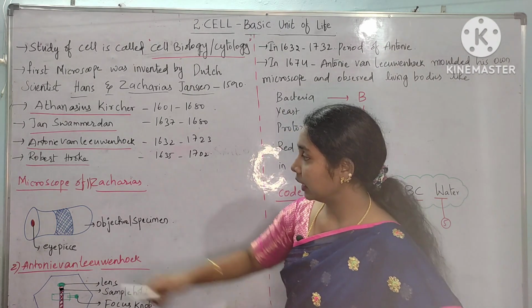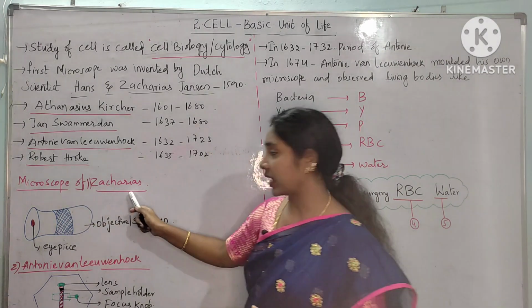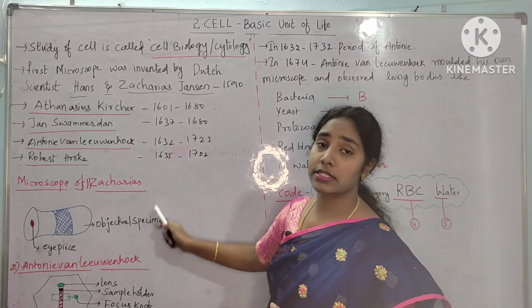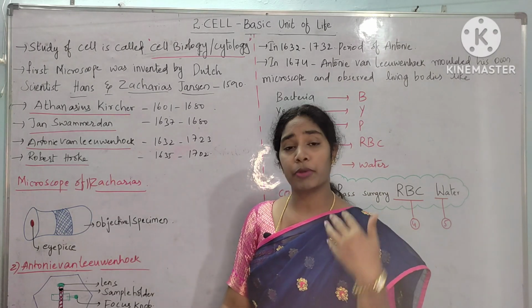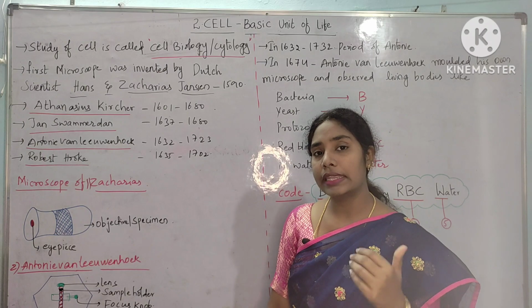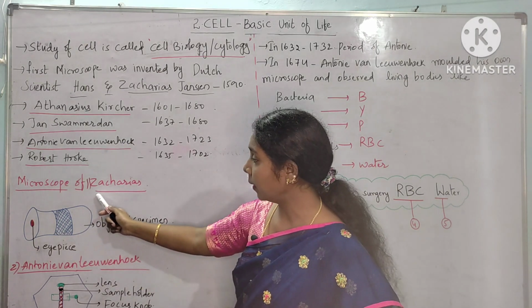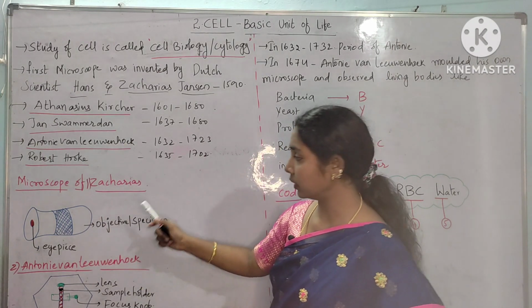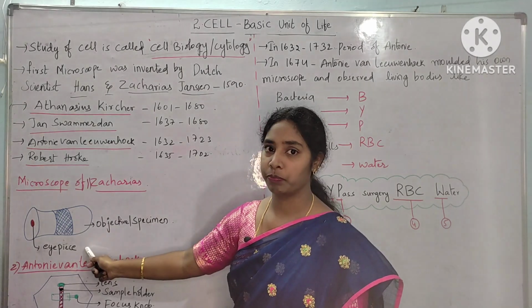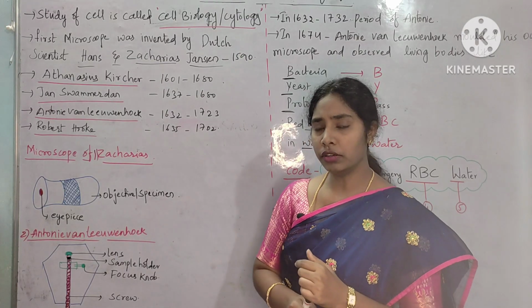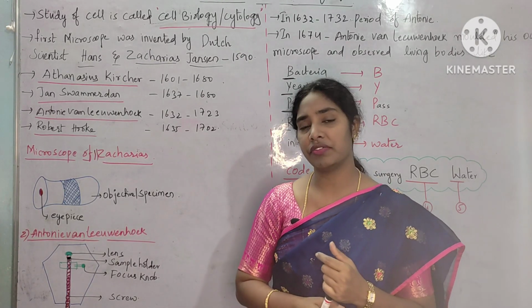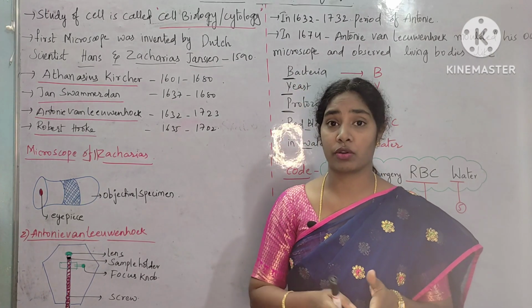Next, if we see the microscope of Jacques Janssen, I just said this is the first microscope which is invented, and it looked like this. In our school laboratory, we have a cylindrical microscope, right?